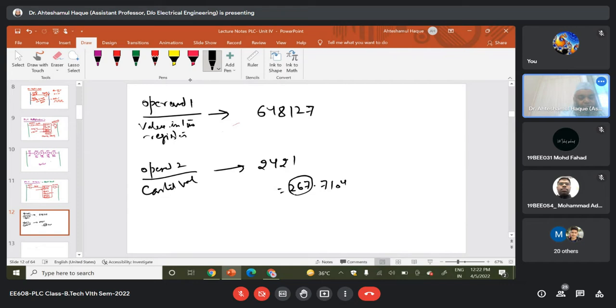अब आइए, तो अब आप रिवर्स प्रोसेस करें। सो 267 को अगर 2421 से हम मल्टीप्लाई करें तो क्या आएगा? 267 multiplied by 2421.